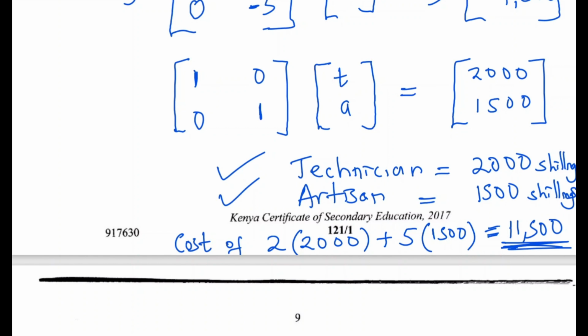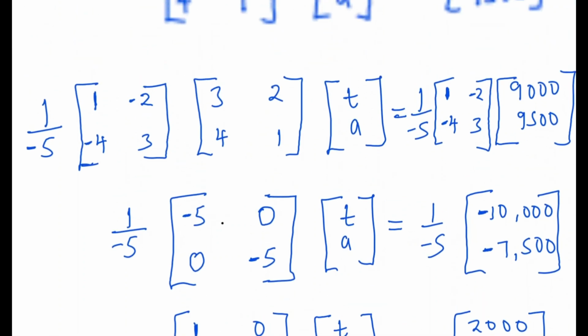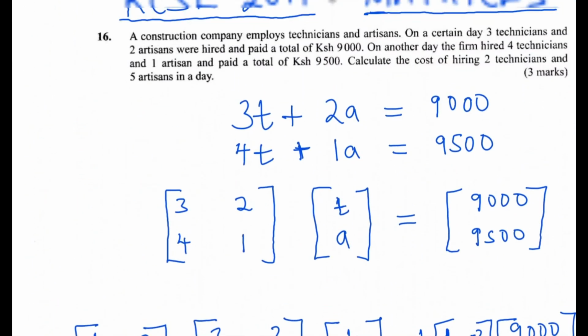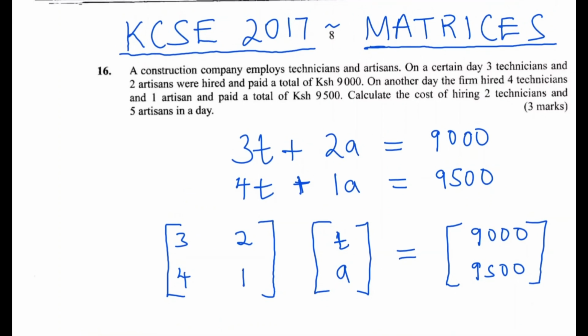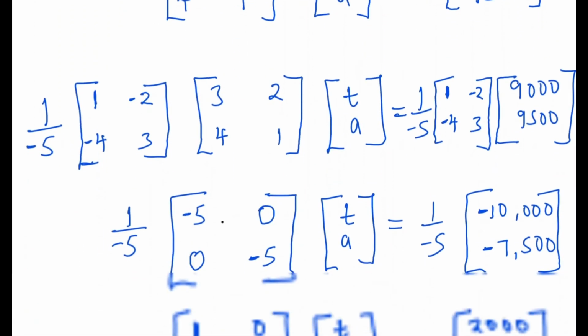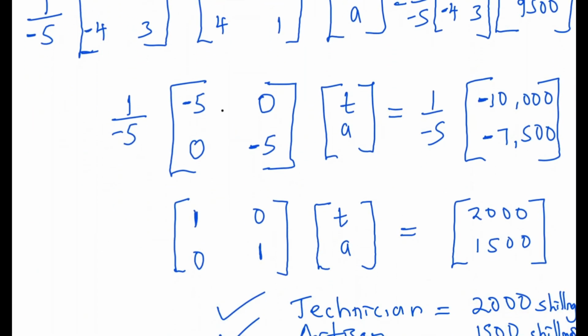I hope that was understandable. The matrix method of solving simultaneous equations is normally tested for around 5 to 10 marks. Here it is 3 marks because we could use any method we want. The simultaneous method, the elimination method, the substitution method, the graphical method, any method we chose to use. But we chose to use the matrix method because we had enough space here to show you how it's done from start to finish.